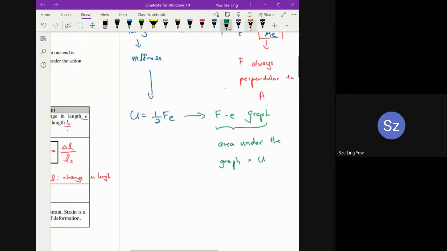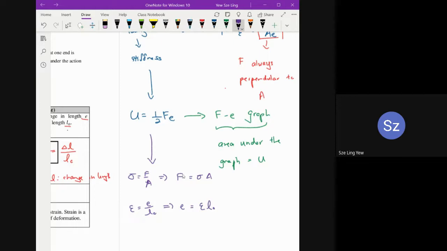And then from energy, we expand this equation again using sigma equals F over A. Rearrange it, F equals sigma A. And then one more thing, we have epsilon equals elongation over L naught. Rearrange it, we have elongation equals epsilon L naught.